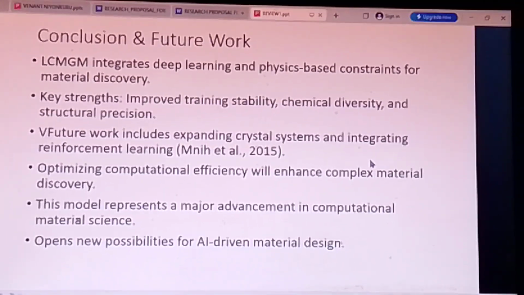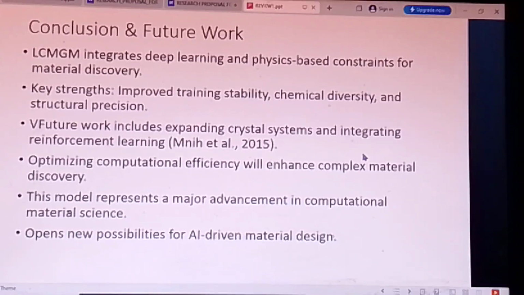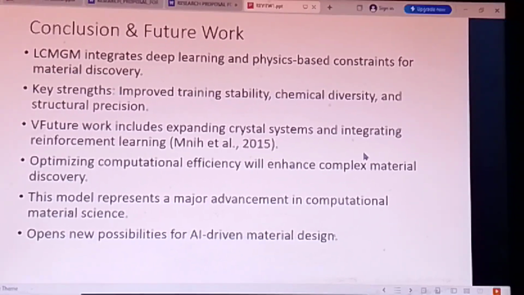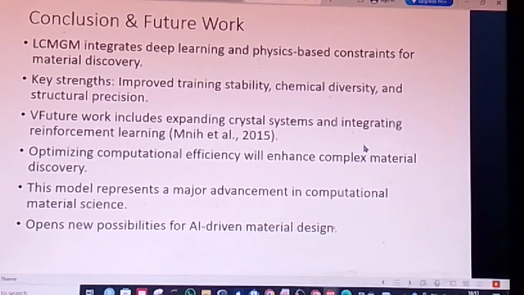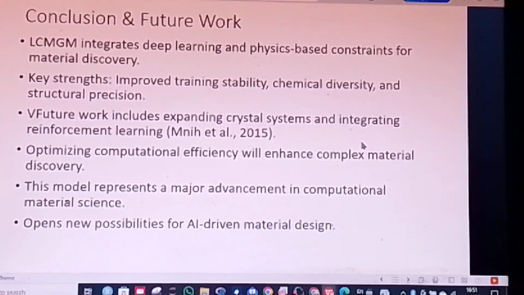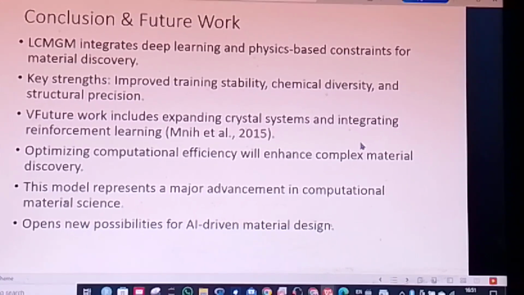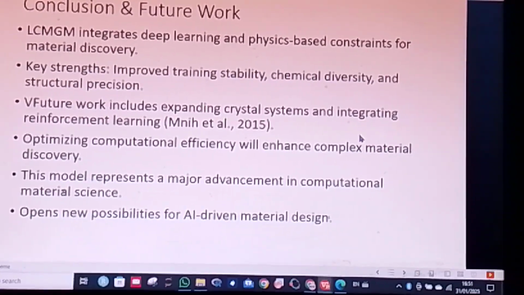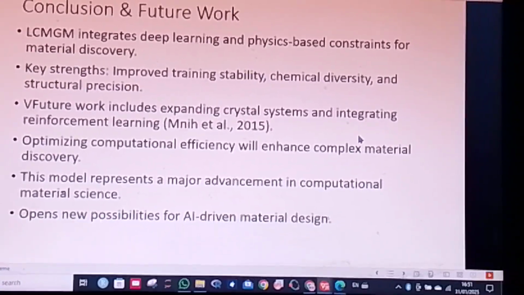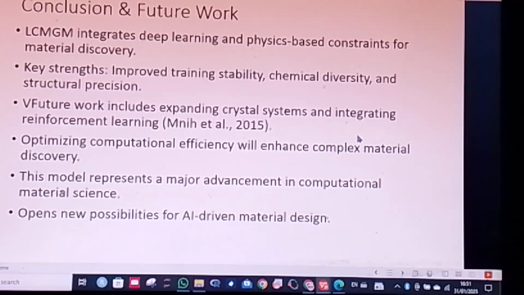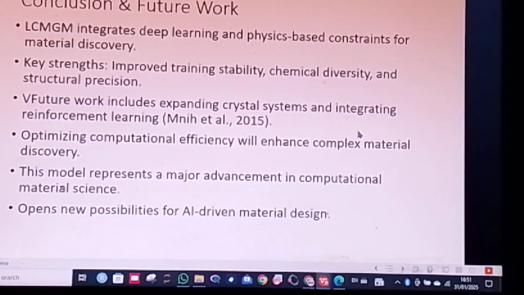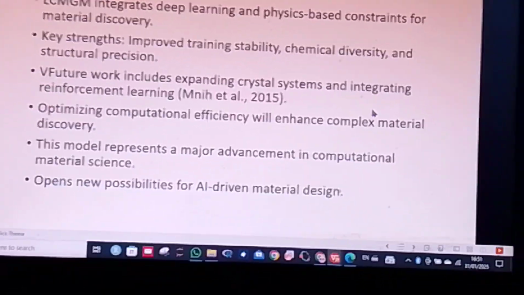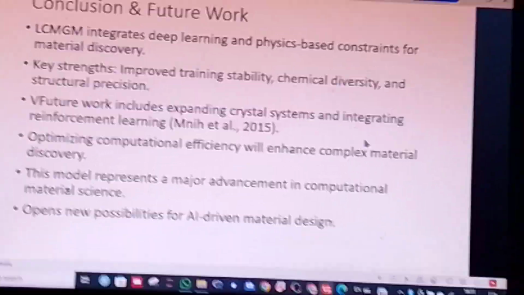The future work includes expanding crystal systems, integrating reinforcement learning, and optimizing computational efficiency, which will enhance complex materials discovery. This model represents a major advancement in computational material science, and it opens new possibilities for AI-driven material design.